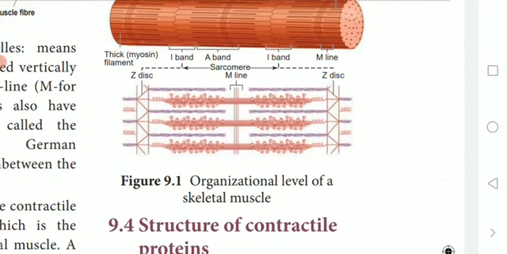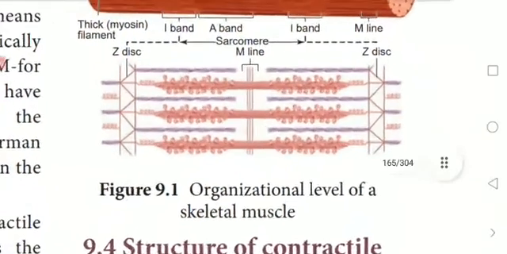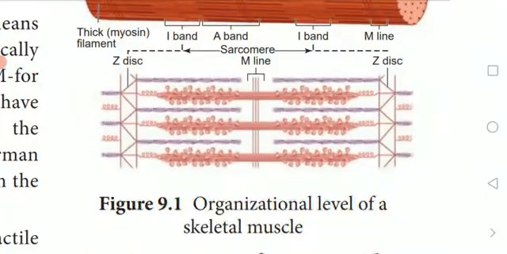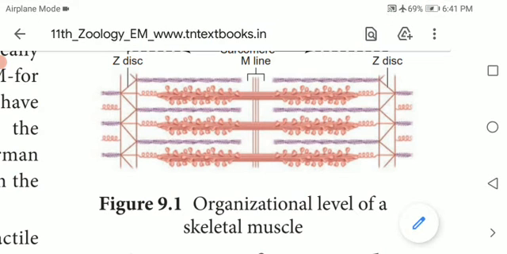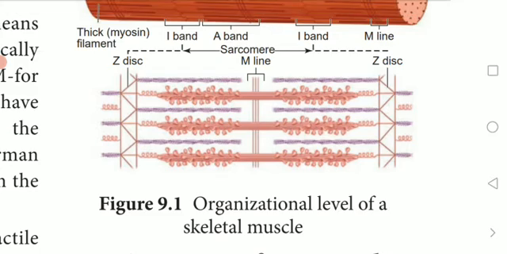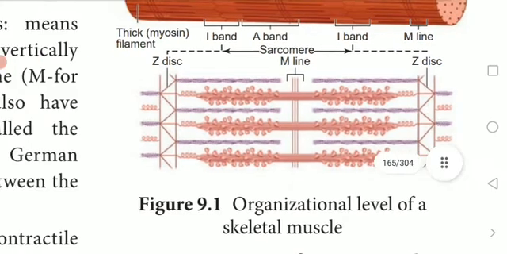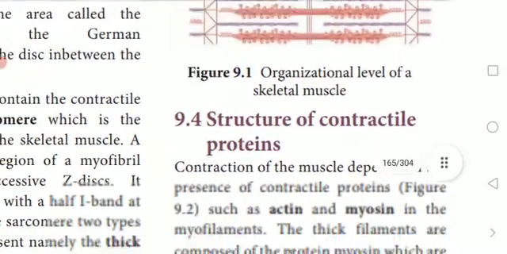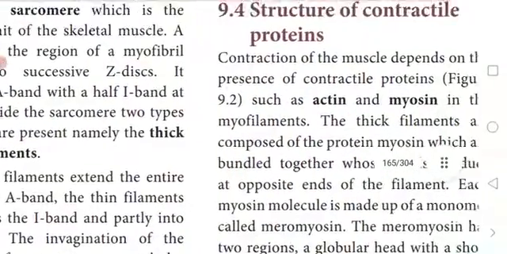The thin filaments extend across the I band and partially into the A band. The invaginations of the sarcolemma form the transverse tubules and they penetrate into the junctions between A and I bands. So this is the structure of the sarcomere of a myofibril.